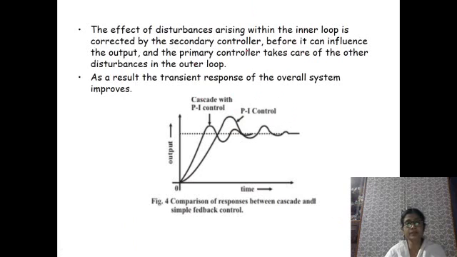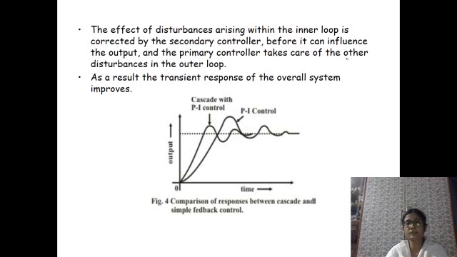What I am trying to tell is that the disturbance due to the steam flow rate change is within the inner loop, and it will be corrected by the secondary controller, that is the flow controller, before it can influence the output, before that actual temperature change, since the inner loop is much faster.